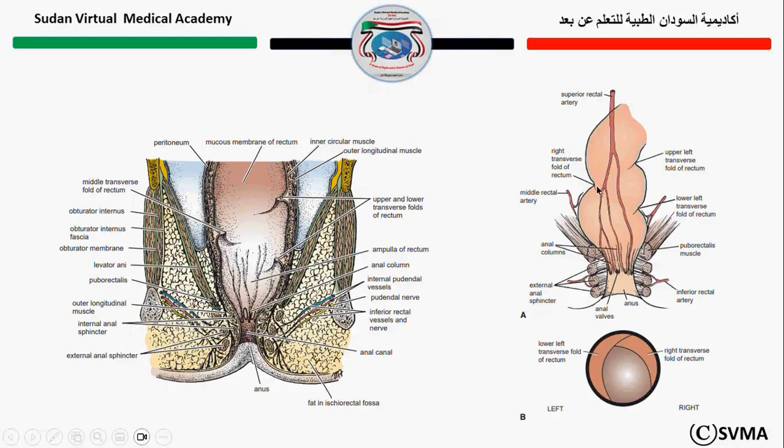There are three permanent folds. They even have names: the upper left, the right in the middle, and the lower left. So two on the left and one on the right. These are called semicircular folds, formed by the inner circular layer of the muscle of the rectal wall together with the mucous membrane of the rectum.